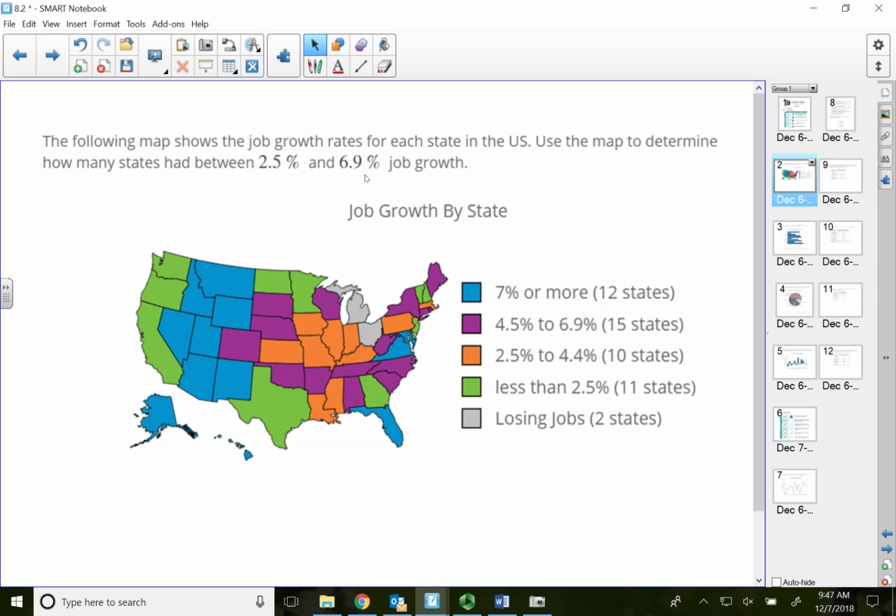So that means we go upwards. 2.5 to 4.4 is 10 different states, and then all the way up to 6.9. That includes the purple, 4.5 to 6.9% job growth rate. Together we have 25 different states. That's very easy, so the answer is 25 states.